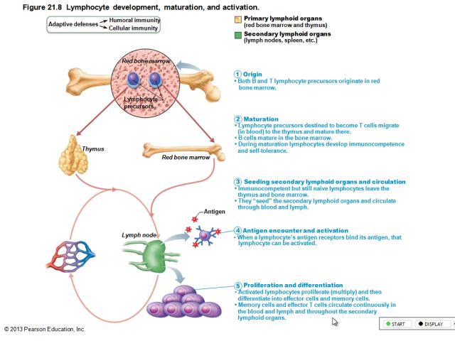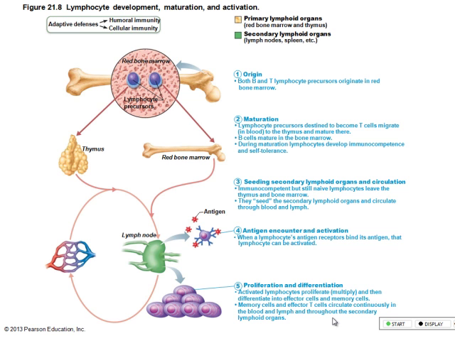T lymphocytes. They're going to go to the thymus and learn about which antigens are self. Again, they're going to become immunocompetent. The B cells are going to end up there as well, but where do they originate from and kind of hang out and get their lessons?